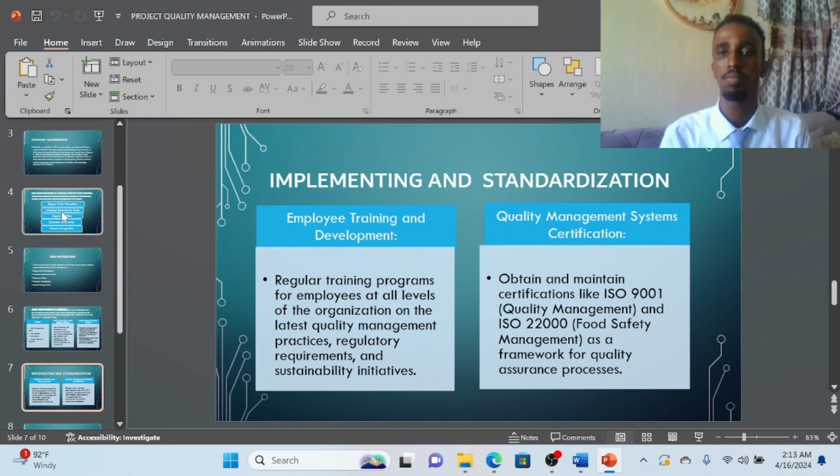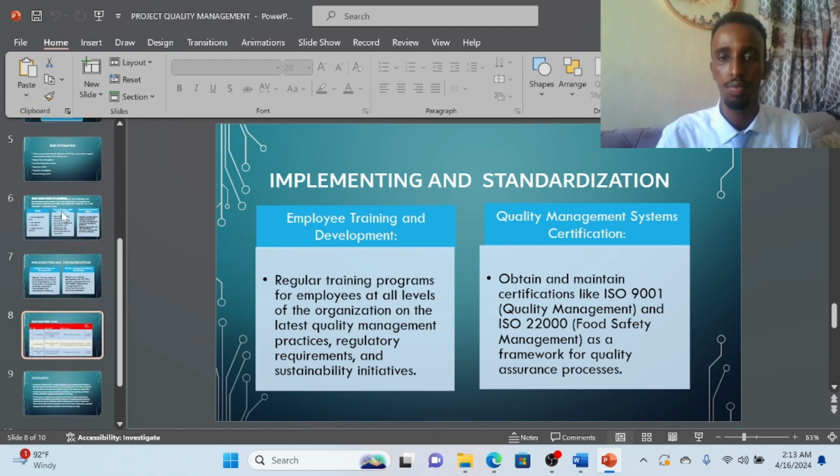Quality management system and certification: obtain and maintain certification, like ISO 9001 quality management. Also get certification ISO 22000 food safety management as a framework of the quality assurance process.